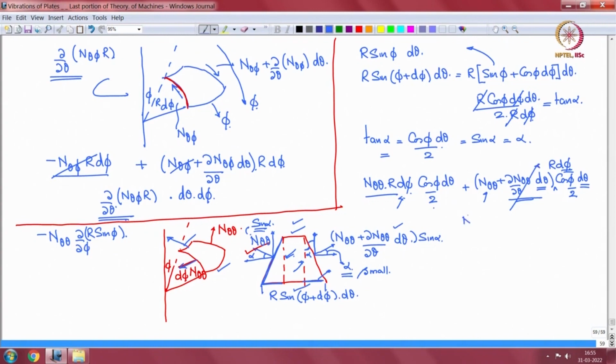So I get n theta theta r cos phi into d phi d theta, and it's in the direction negative phi. So that's what we get over here, minus n theta theta r cos phi.